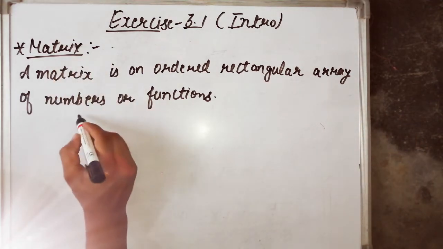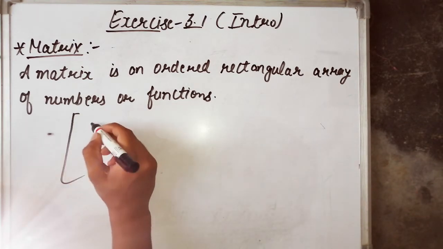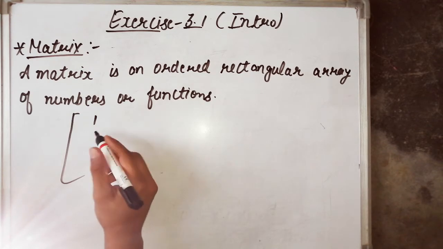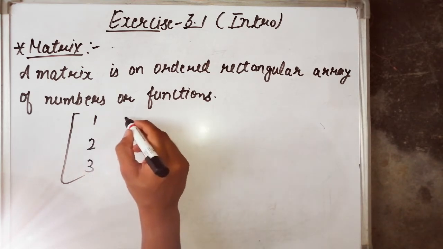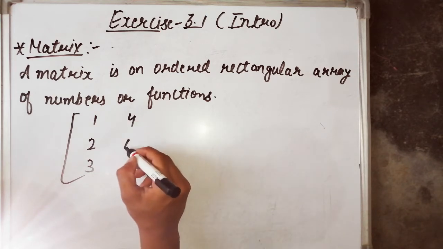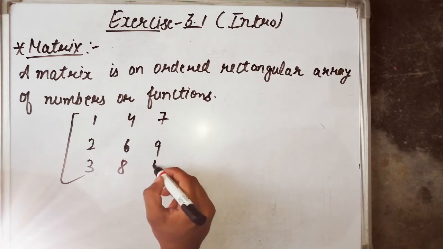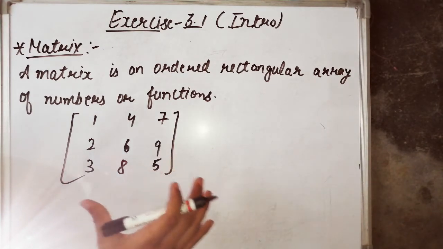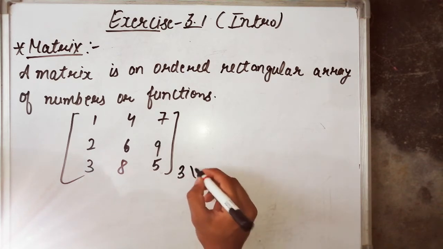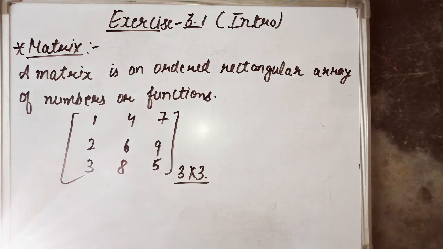Let me make you a matrix. For example, this is a matrix of order 3 into 3, which has elements 1 2 3, 4 7 4, 6 8 7, 9 4 5. There is nothing long and wide in this.